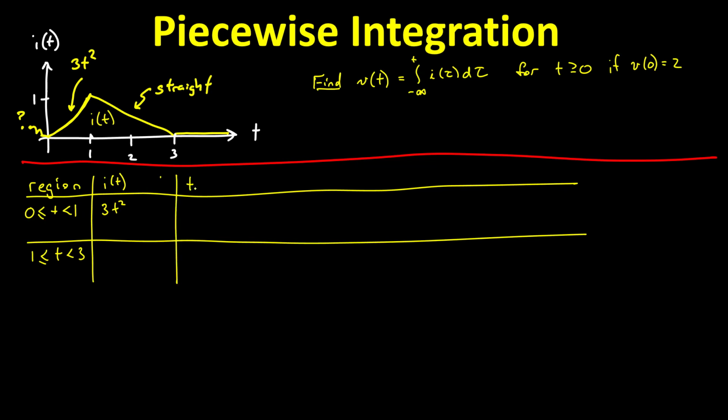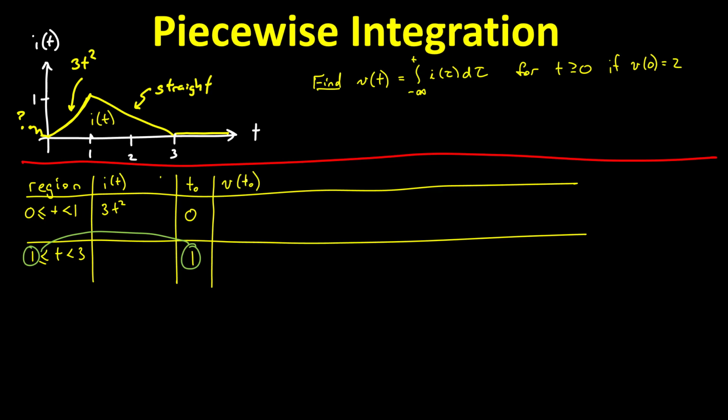Next, we'll identify what the start of our time region is. Really simple. Our first number is the beginning of our time region. So for this first example, it's 0. For the next example, it's going to be 1. It always maps to whatever the first number is here. Next, we'll identify what our initial condition is, what our v at t naught is.